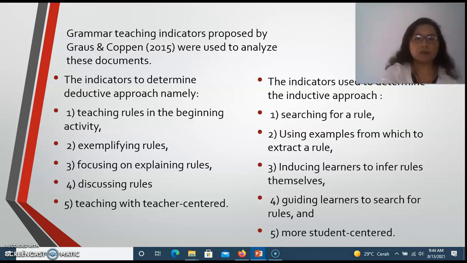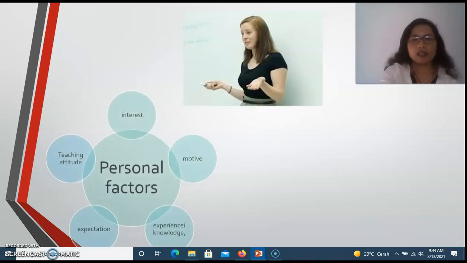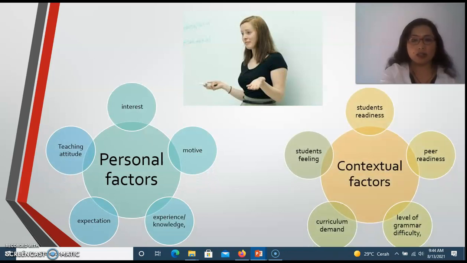The findings of the study suggest that there are two factors: personal factors and contextual factors. Personal factors involve interest, motive, experience, expectation, and teaching attitude. Contextual factors involve student readiness, peer readiness, level of grammar difficulty, curriculum demand, and students' feeling.